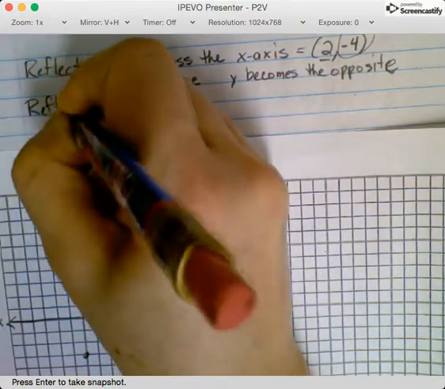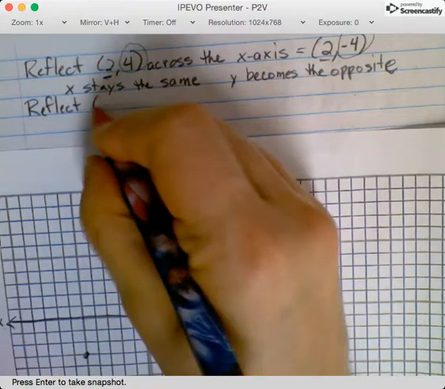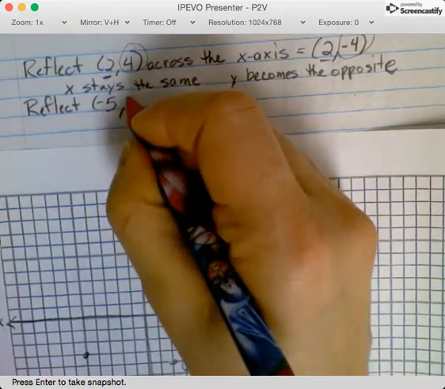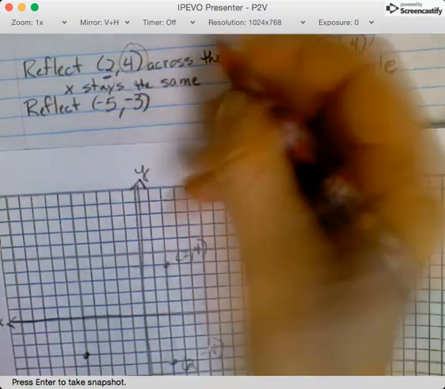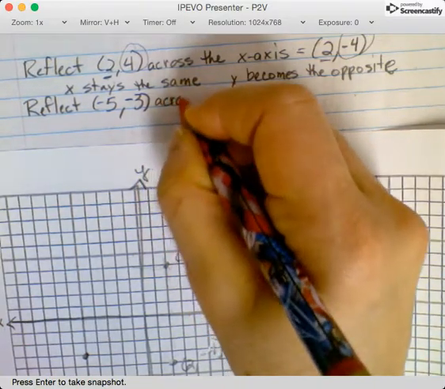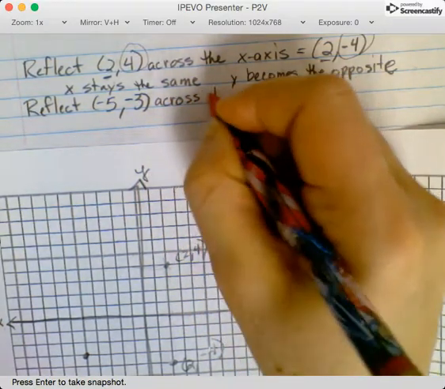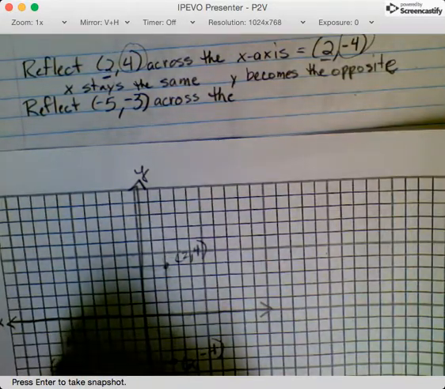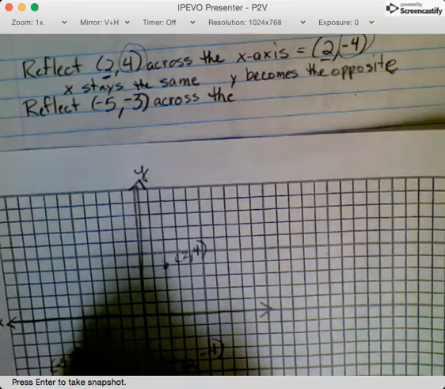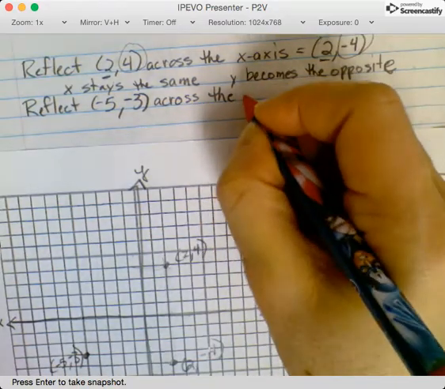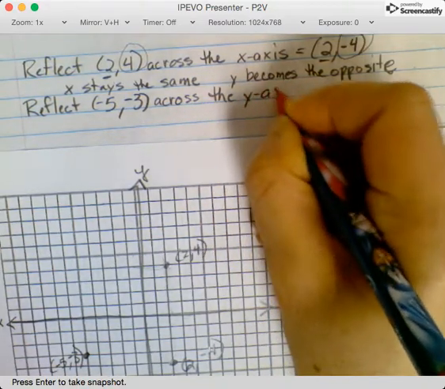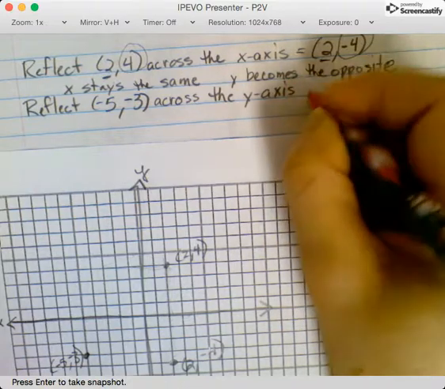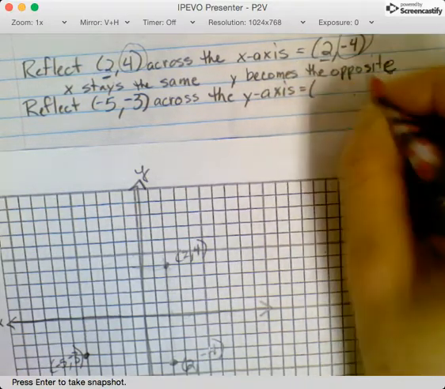Reflect negative 5, negative 3 across, let's do the y-axis instead. So this is negative 5, negative 3, and I'm going to go across the y-axis, and we'll write that in later.